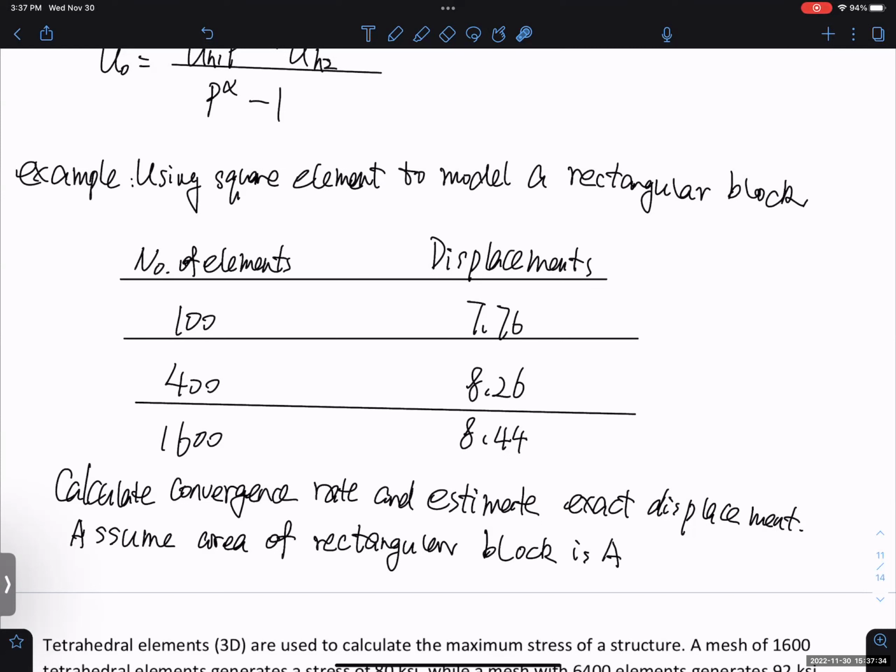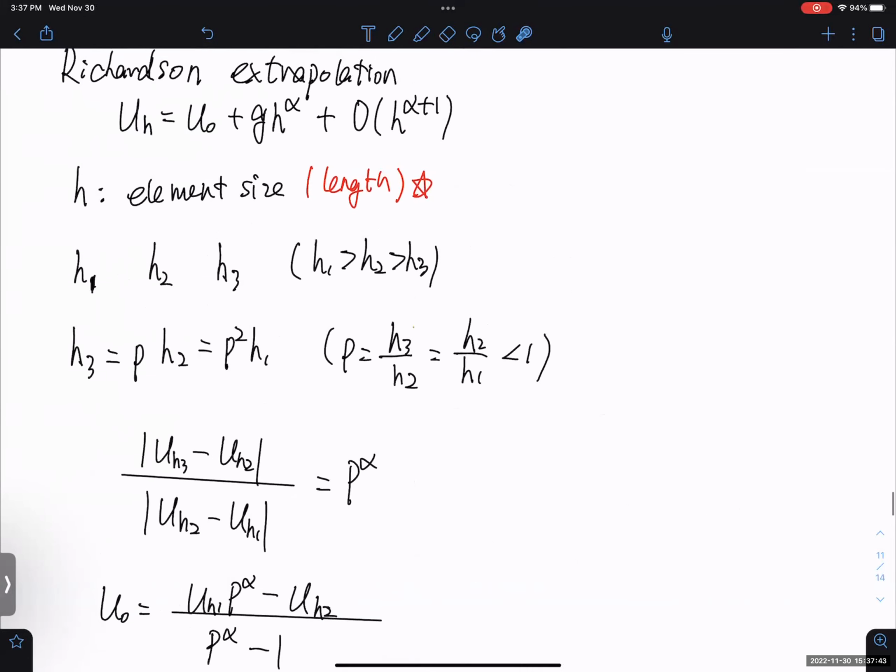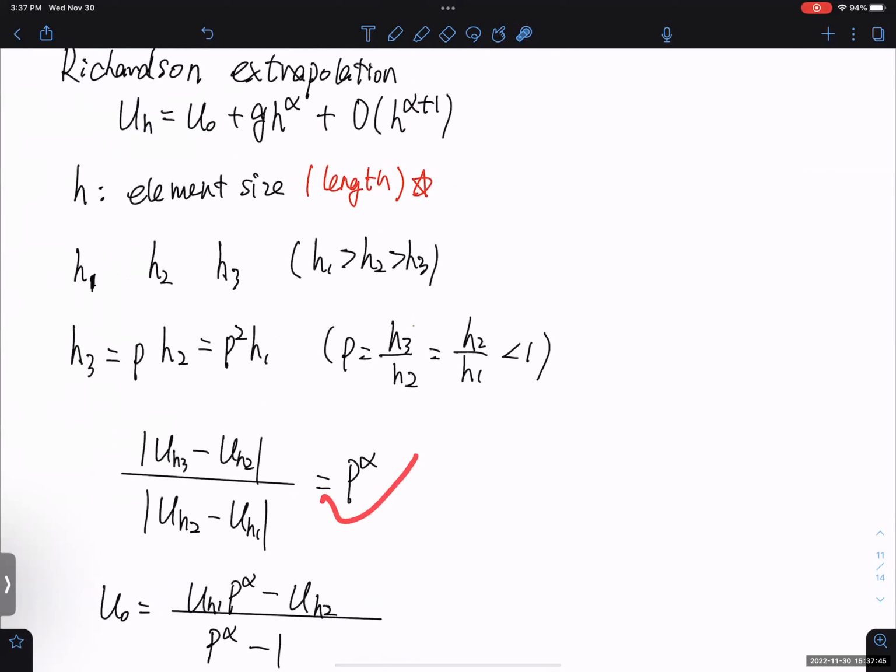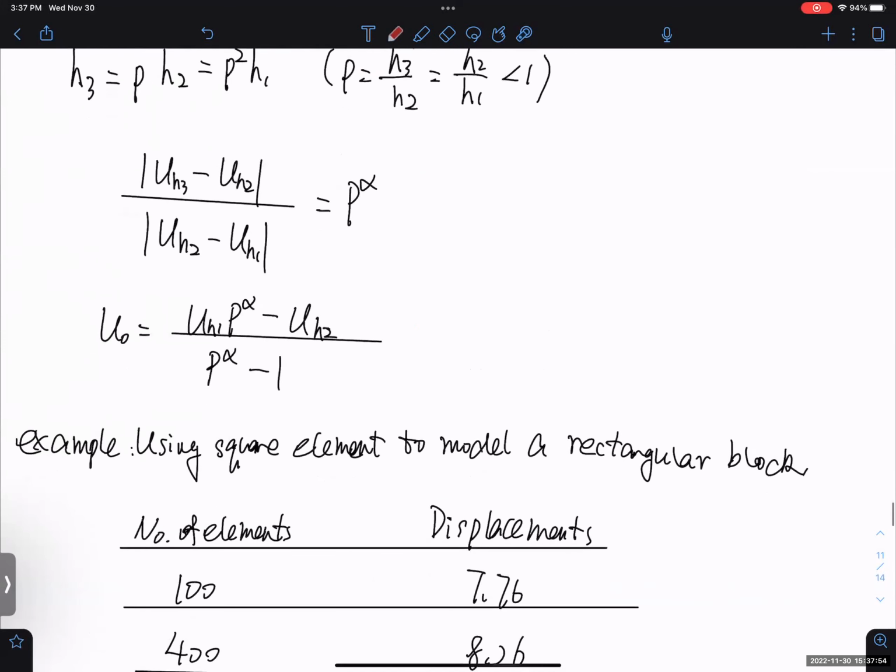Why? Yeah, the edge length is different, but the key thing we use in our calculation is the ratio of edge length, right? So actually it doesn't matter.